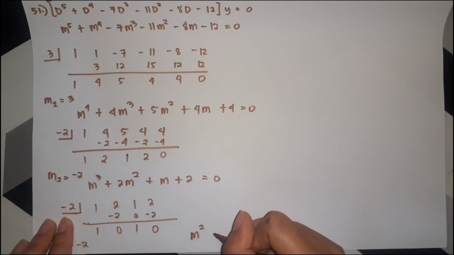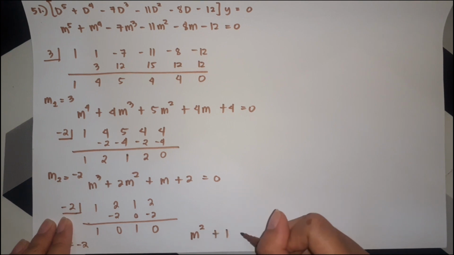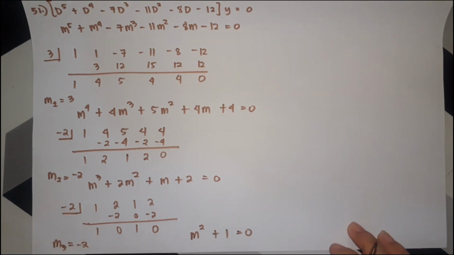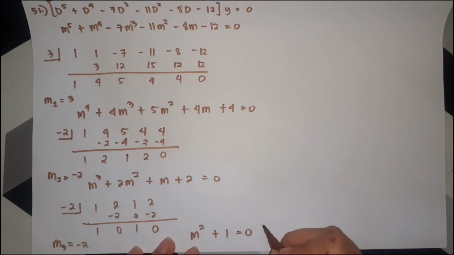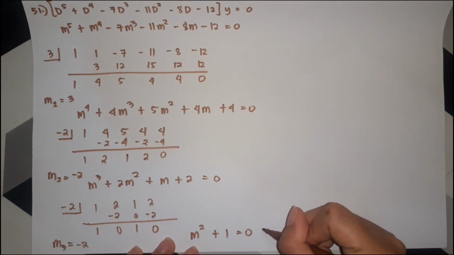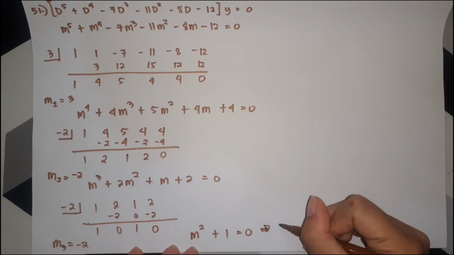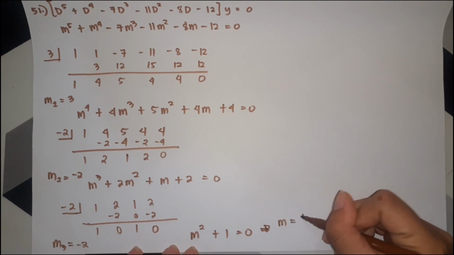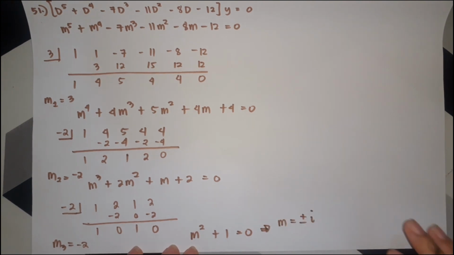m squared plus 1 is equal to 0. If we get the value of m here, the roots will be m is equal to positive and negative i. Therefore, our fourth and fifth roots will be positive and negative i.